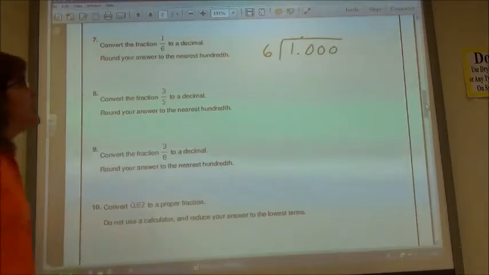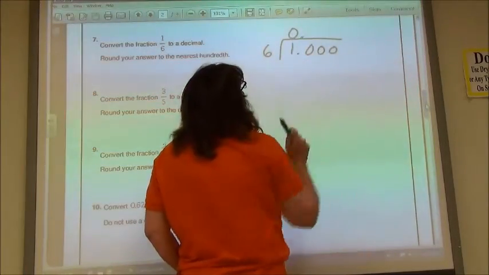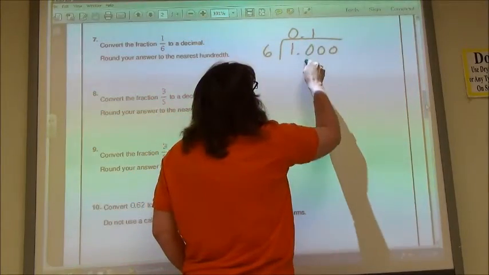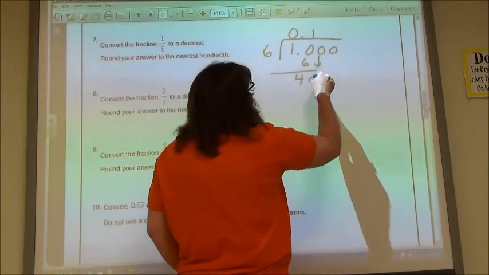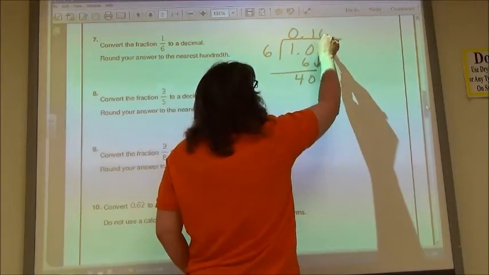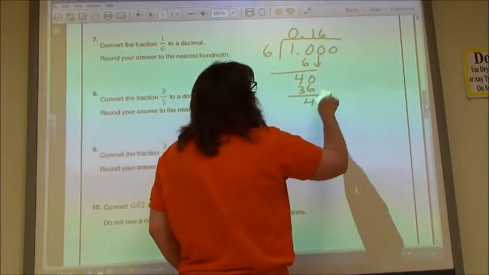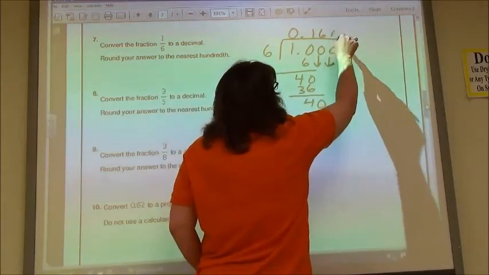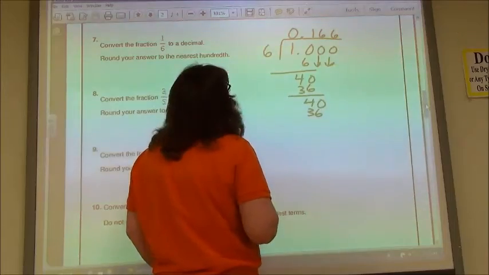And so in this case, 6 doesn't go into 1 since that's before the decimal. I'm going to put the 0 up there because it looks pretty. 6 goes into 10 one time, and I subtract and get 4, bring down my 0. 6 goes into 40 6 times. 6 times 6 is 36, and I get a 4 again and bring down my 0. 6 goes into 40 6 times again, which is 36, and I don't need to keep going because I can round it off.